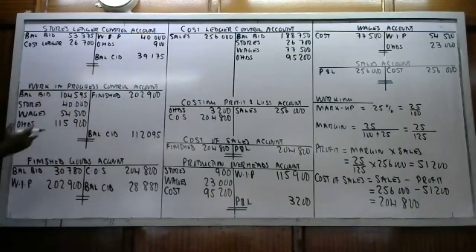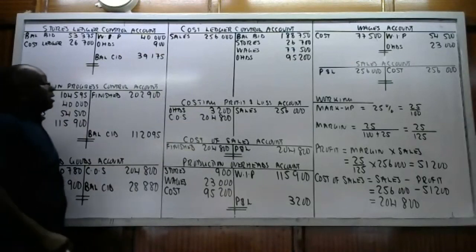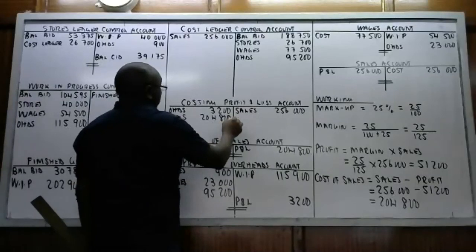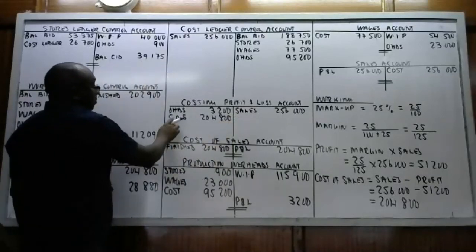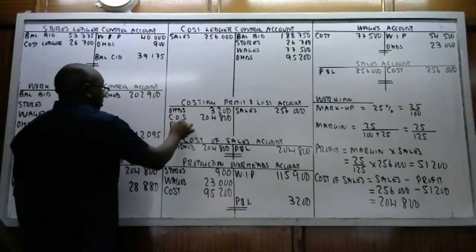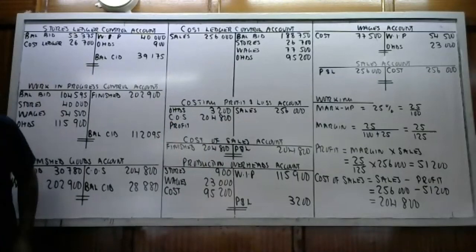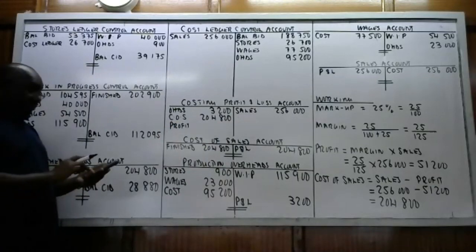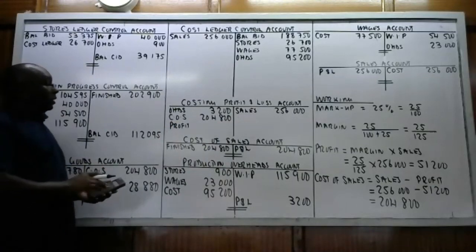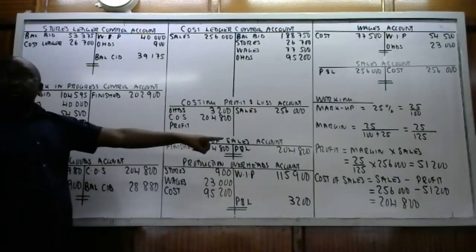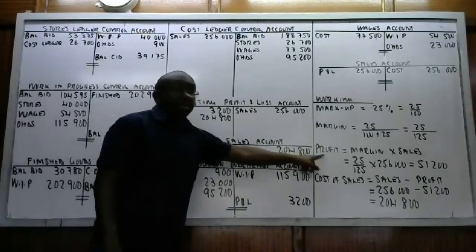Now let's go and close the others. So this P&L, the profit will be on this side. This profit is not the same as the earlier one, but it was profit.